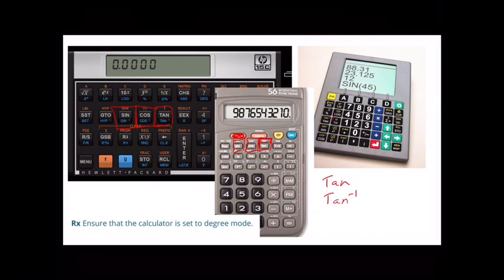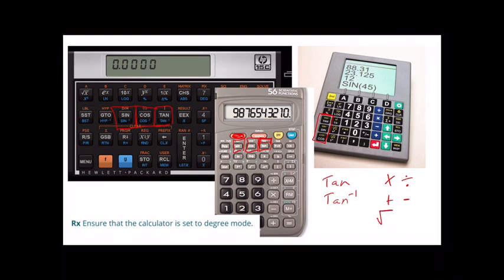In this one, it's these three buttons, and all of them have the second function button where you can see the inverse tan, inverse sine, inverse cos. Those two functions are opposite. Same as multiplying and dividing are opposite, adding and subtracting are opposite. We've talked a lot about the fact that square roots and squares are opposite.